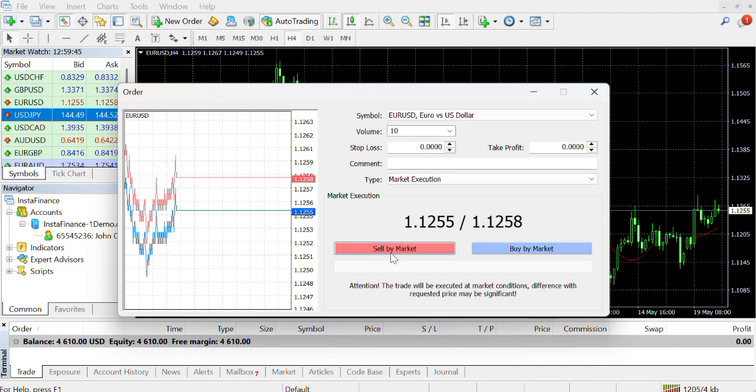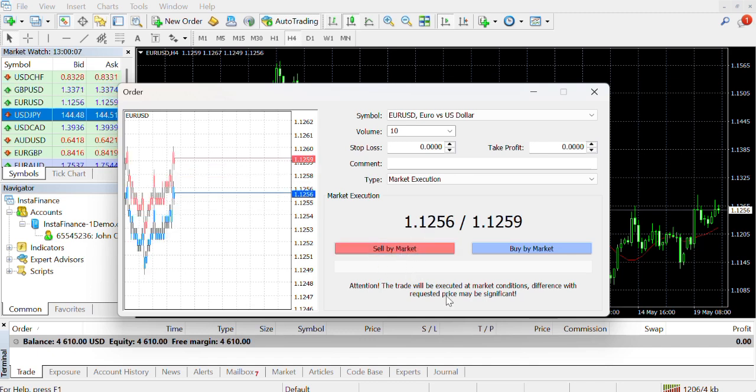Now what these two things here mean is, if you are buying, for example, it means the broker or the company will sell to you. And if you want to sell, it means the broker is willing to buy from you. So if you want to buy, the broker says they are going to sell it at this price, that's the selling price. And if you want to sell to them, they are willing to buy it at this price.